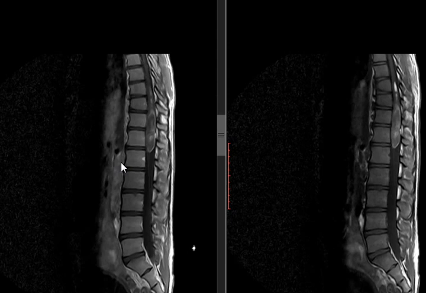These are consistent with dermoid. Okay? So your diagnosis is spinal dermoid, which is not that rare, in fact, okay, to have a spinal dermoid.